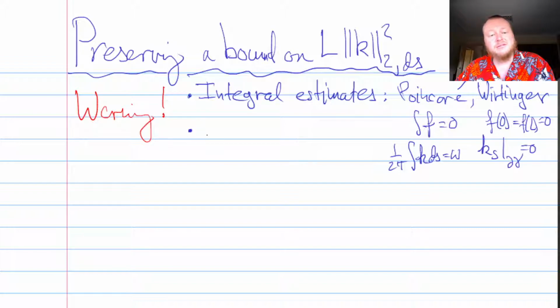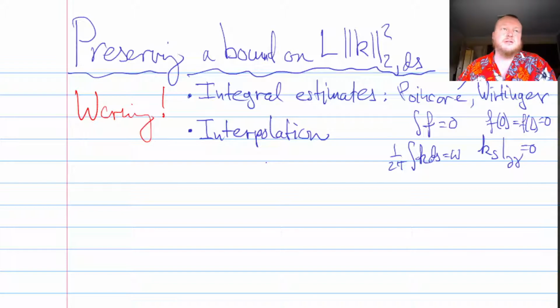The second main thing is interpolation. These interpolation inequalities are again integral inequalities, and they are due to Gagliardo and Nirenberg, and the ones that we're going to be using here are adaptations by Chuk, Kuvert, and Schätzler.